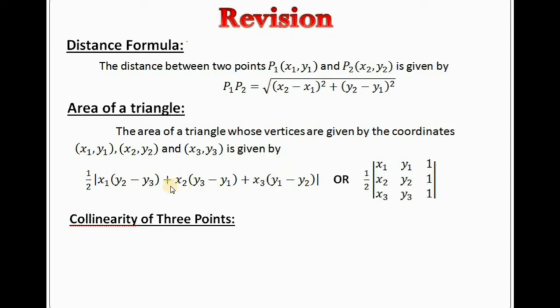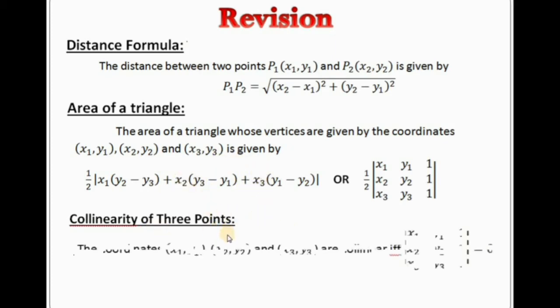If this quantity becomes 0, then we say that the 3 points are collinear. So this is the condition for 3 points to be collinear, that is, the area of the triangle has to be equal to 0.